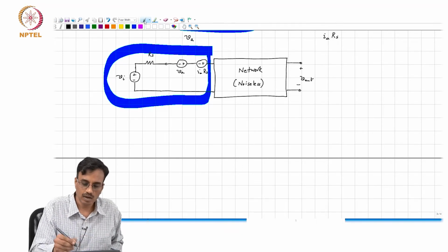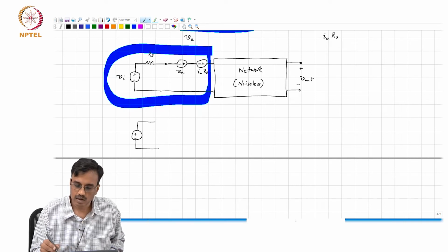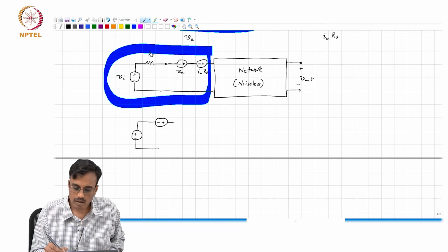you know that I can move voltage sources around.